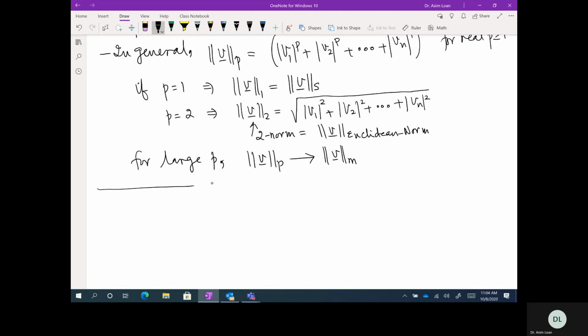And with each norm, there is a distance function associated. So distance functions.